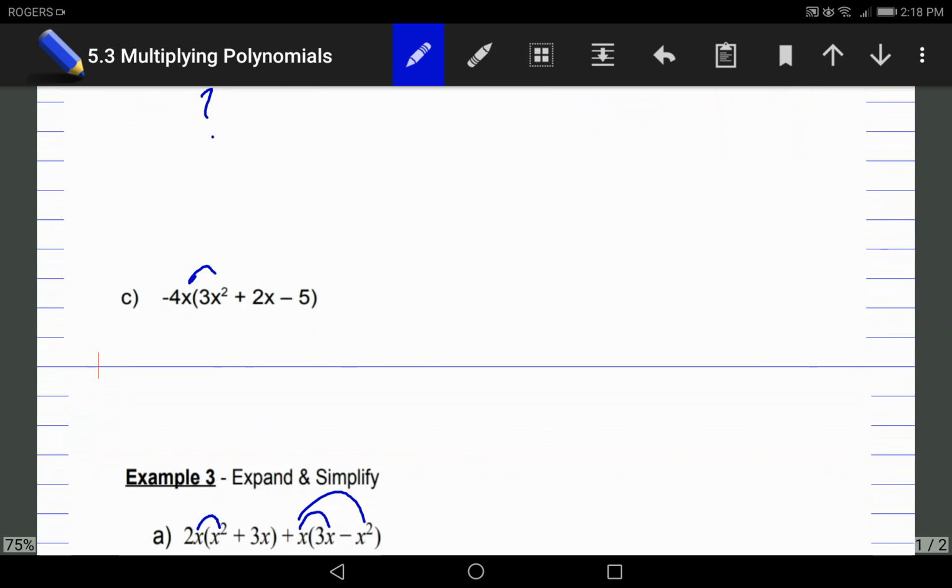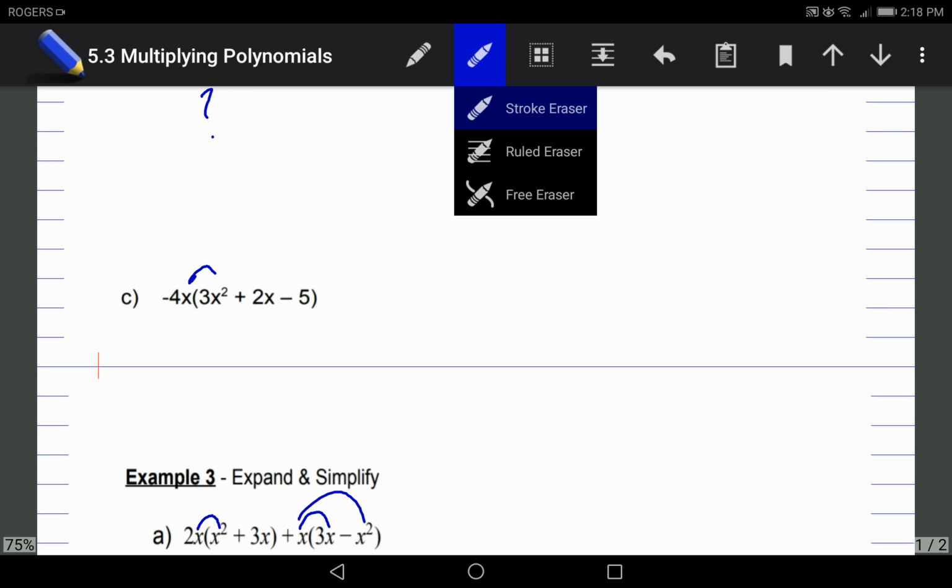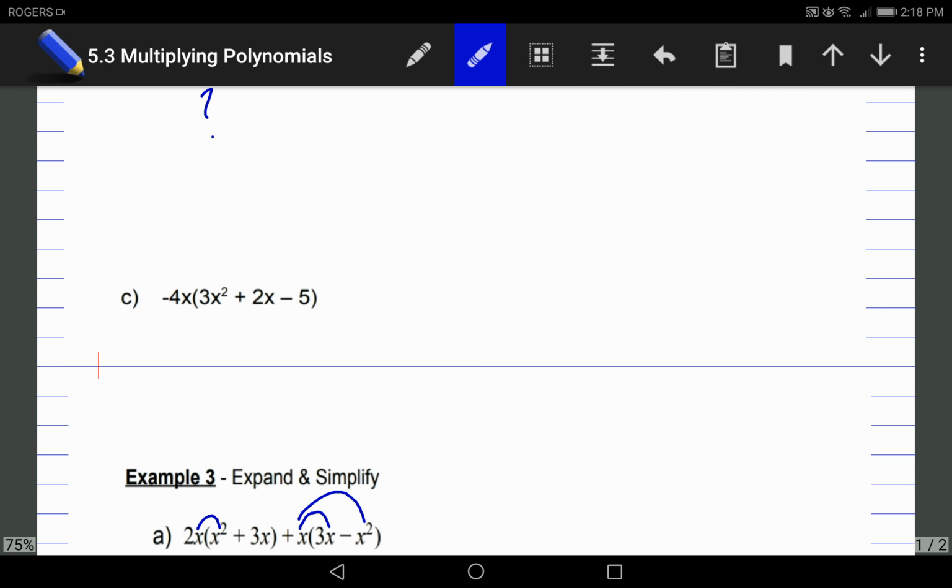Okay, next question. This one gets a little bit more difficult, right? Let's do the first multiplication, the first distribution. Negative 4x times 3x squared. Well, multiply negative 4 times 3. That's negative 12.